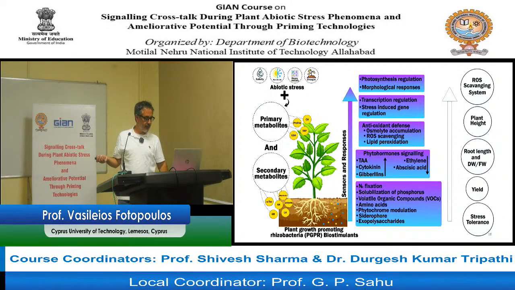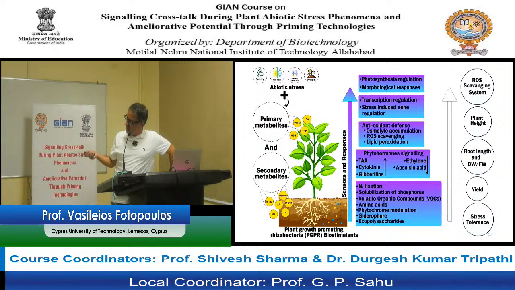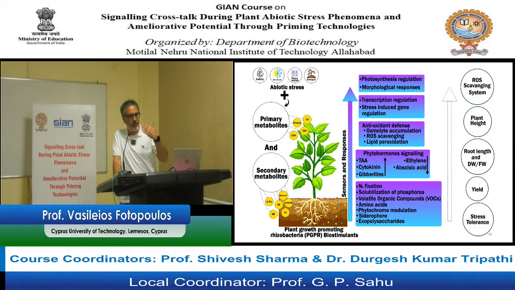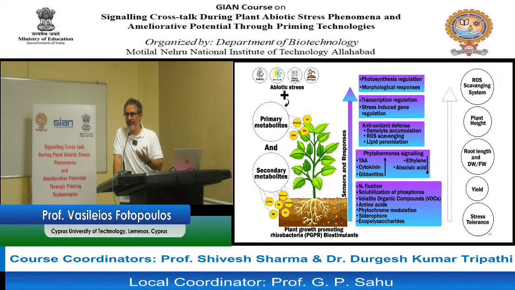So in response to that, we have the involvement of sensors and the relevant responses. That includes the concepts of photosynthetic regulation as well as morphological responses. For example, before we said that a major morphological response in water scarcity environments is for the plant to try to get deeper root systems. So the root system architecture will actually be modified.